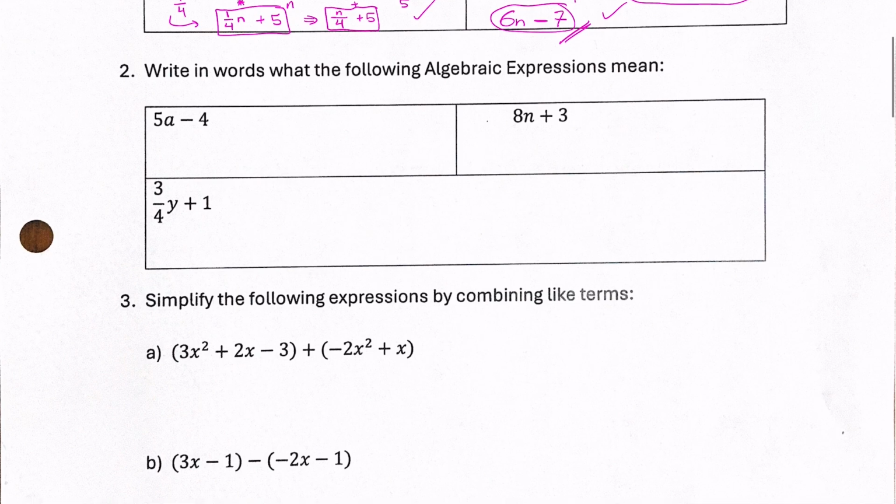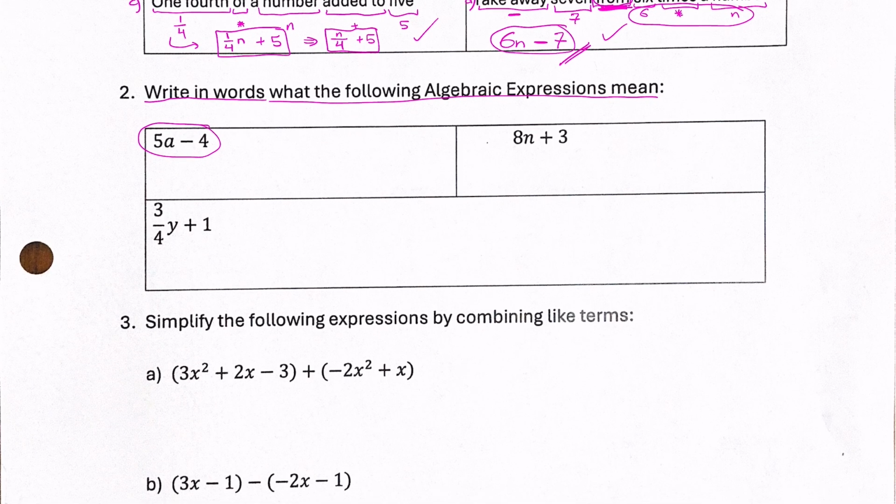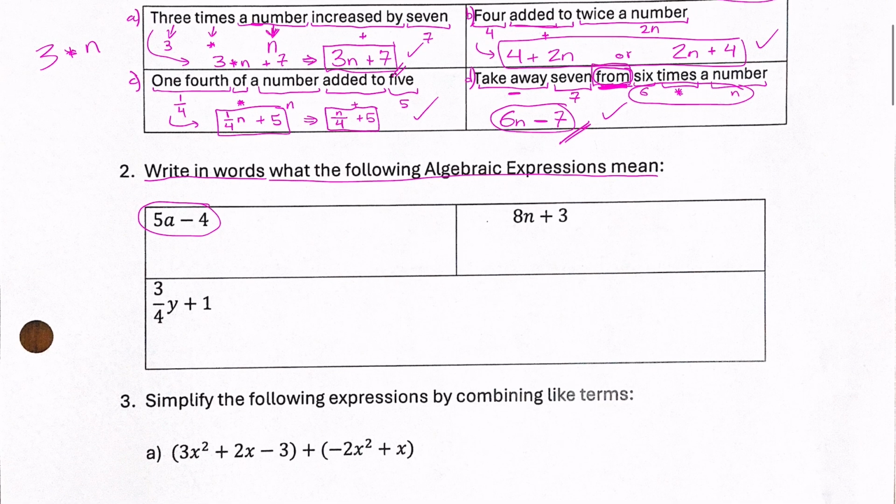Okay, so question number 2. We have: write in words what the following algebraic expressions mean. So kind of like backwards, we have an algebraic expression here, a polynomial, and we want to write that in plain English. It's similar to the question before, just in reverse.